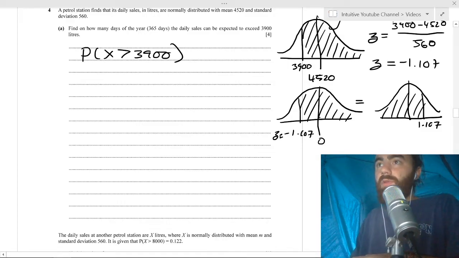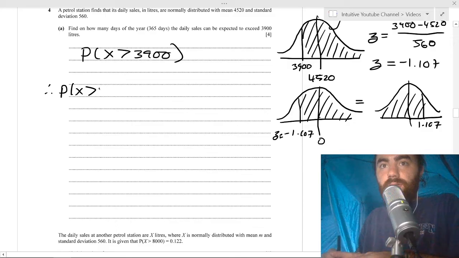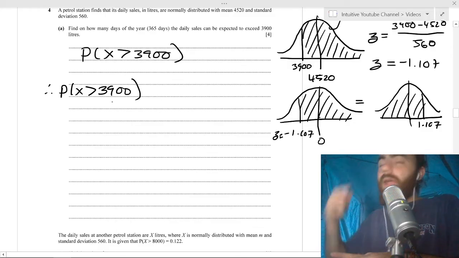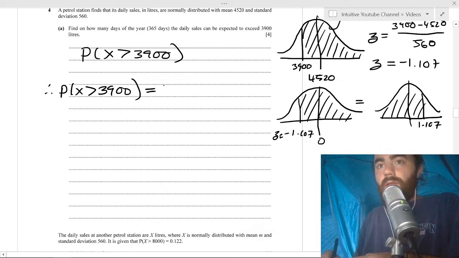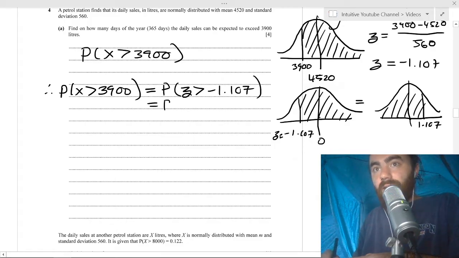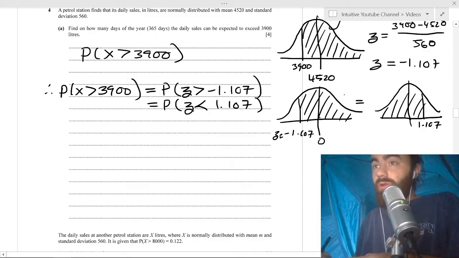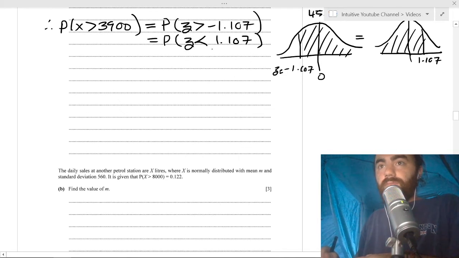The reason we do that is because we have a table which can calculate these. So the probability that X, on any randomly selected day, the petrol sales in litres are greater than 3,900 is the same as the probability that Z is greater than negative 1.107, which is the same as the probability that Z is less than 1.107, due to the symmetry of the normal distribution.